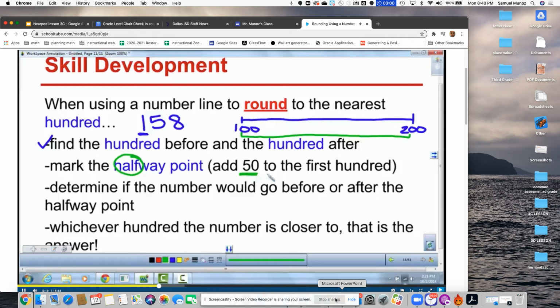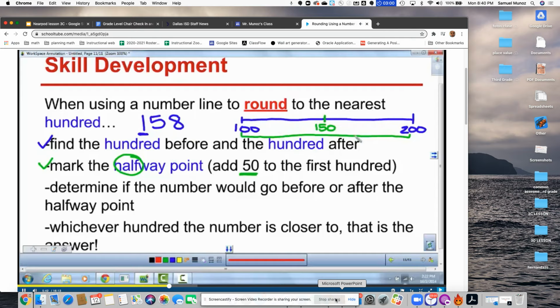Well, that'd be 50. So let's find the halfway point and let's add 50. 100 plus 50 gets me to 150. Step 2, check.